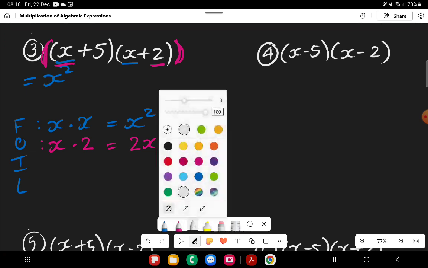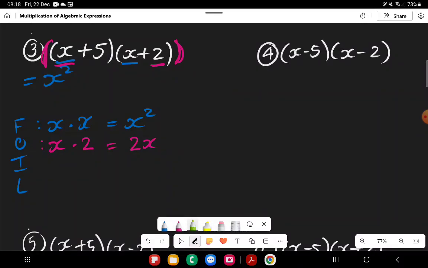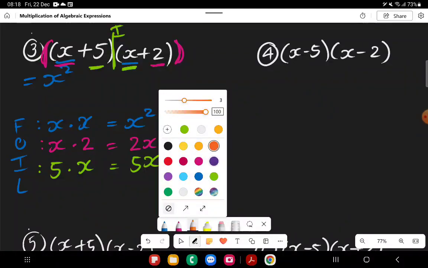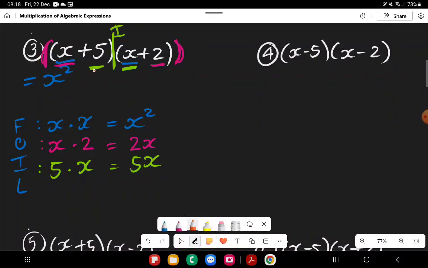Let's do inner. So inner is going to be 5 times x. This is the inner side, so the two that are close to each other. 5 times x gives me 5x. And then we want last with last. Last in this bracket and last in that bracket.